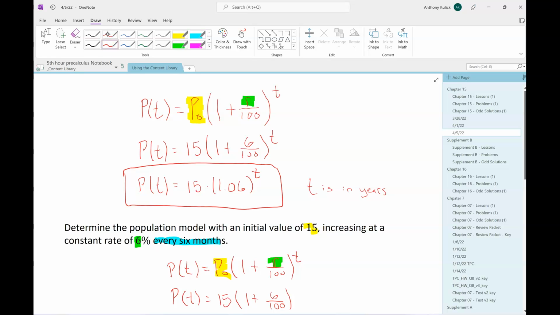But we have to deal with this now every 6 months part of the rate of change, right? Now that is going to affect what we write in the place of t. But first we should decide which unit we want t in. So do we want t in years, or do we want to write it in months, or do we want to write it in some other way?